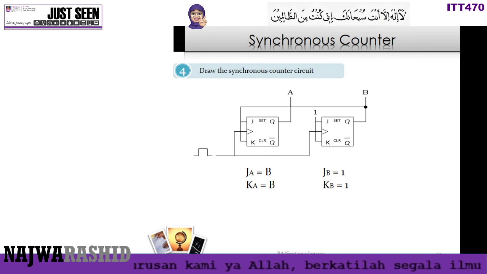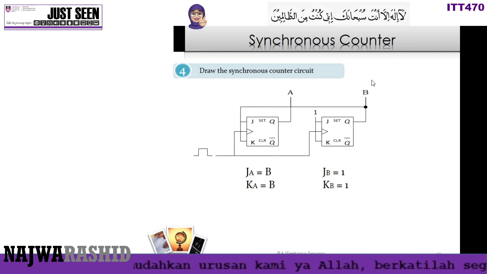Then in a synchronous counter, the clock pulse for all JK flip-flops is the same. So for the clock pulse input, you must draw it for every JK flip-flop inside your circuit. And then the input for JA and KA, based on the expression, JA equals B, KA equals B.